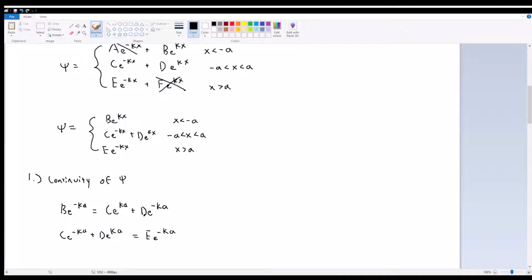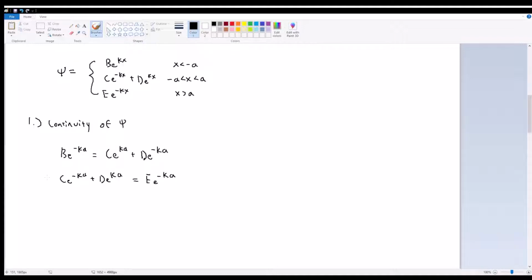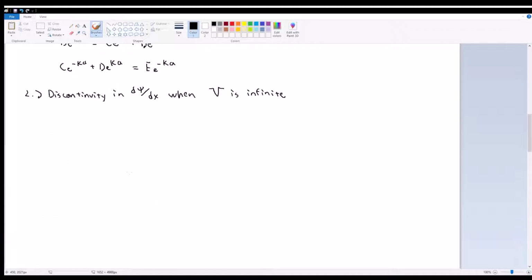The next two conditions we can get via the discontinuity in the derivative of psi, the discontinuity in d psi by dx when v is infinite. We also derived what this is going to be in the chapter itself, so look back if you don't remember how to do this.